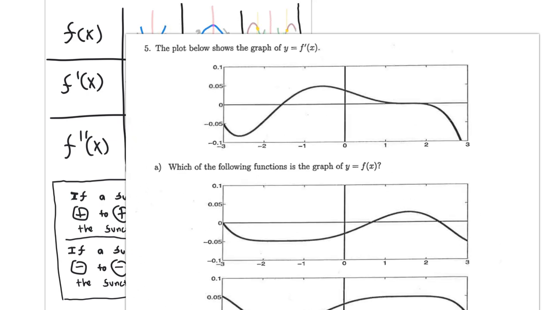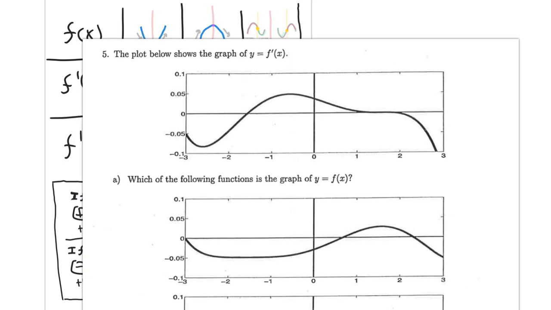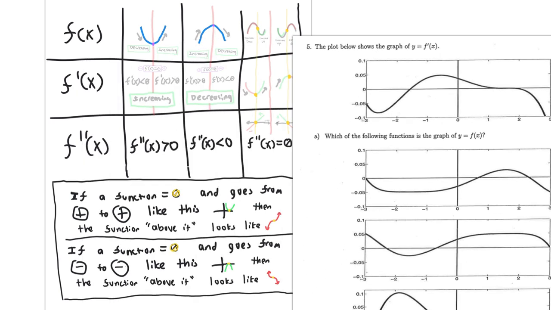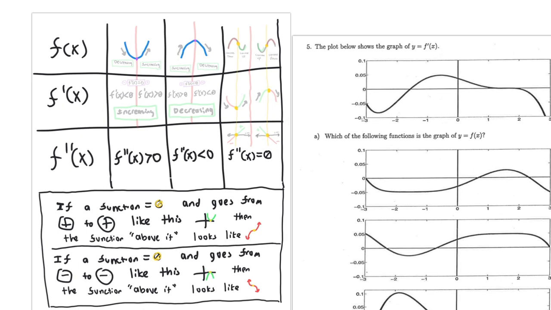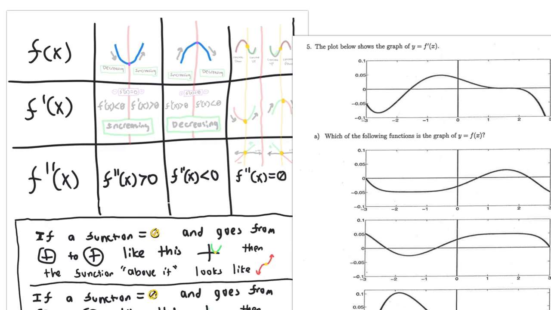Looking at this one here, the plot below shows y equals f prime of x. So already we are in the second row, aren't we? Let's take a look at what's going on. Which of the following functions is the graph of the original?